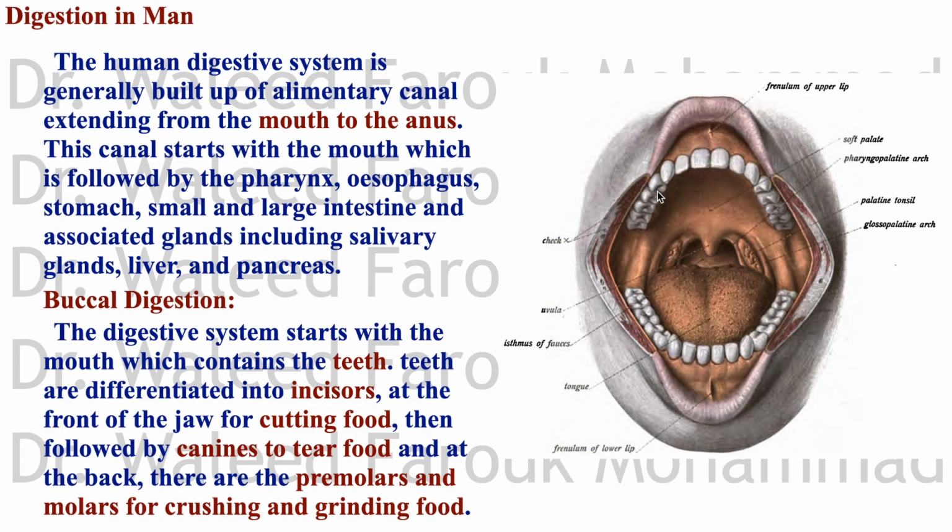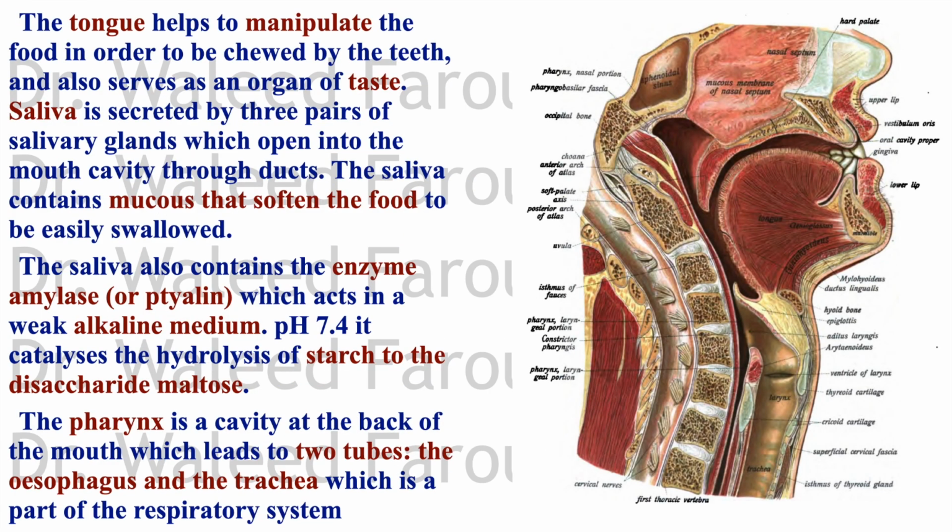Okay? And the premolars and molars اللي هم الطواحين for grinding food. And of course the tongue manipulates the bolus of food inside the mouth and mixes it to be properly chewed. Okay, so this is buccal digestion.